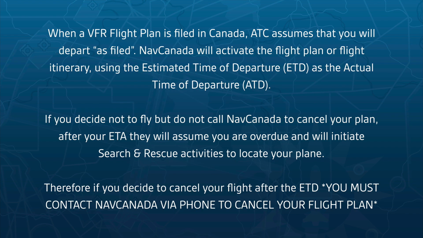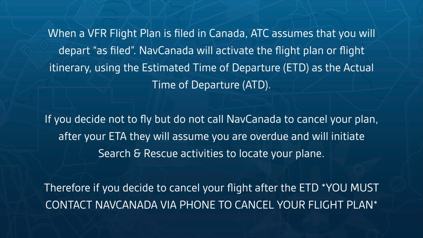So, when filing a VFR flight plan in Canada, ATC assumes that you have departed as filed. Nav Canada will activate that flight plan or flight itinerary when the estimated time of departure comes up, and use it as the actual time of departure.